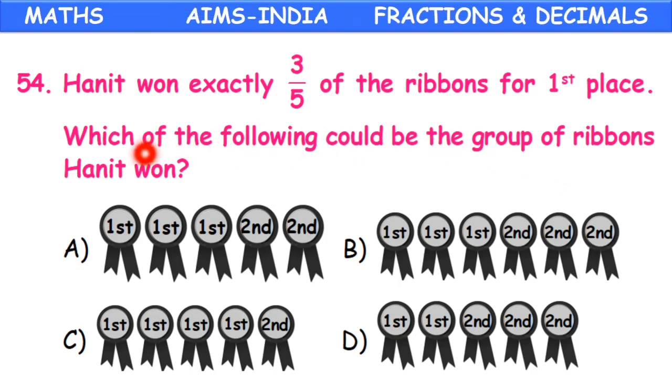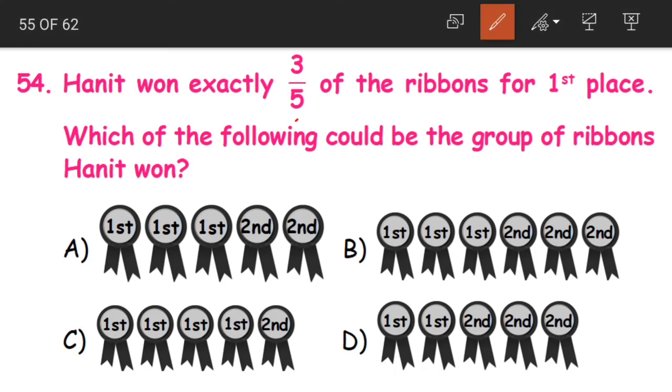Next, question 54. Hanith won exactly 3 by 5 of the ribbons for first place. Now which of the following could be the group of ribbons Hanith won? What are they saying? Hanith here won a few ribbons, out of which 3 by 5 are for first place.